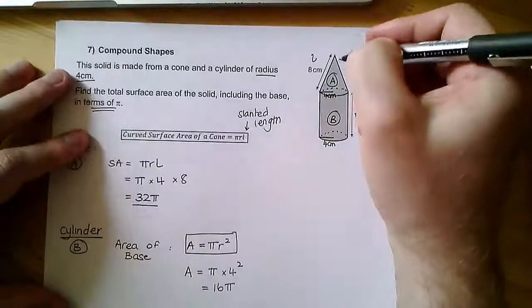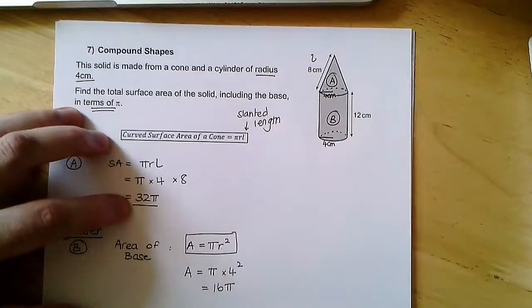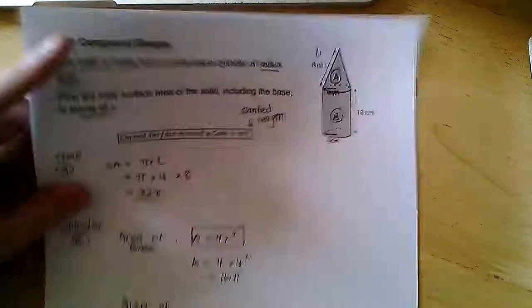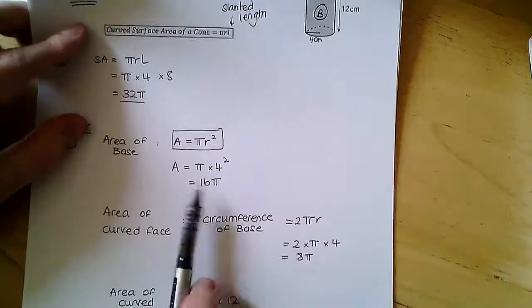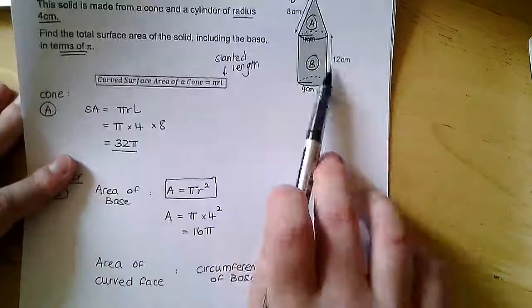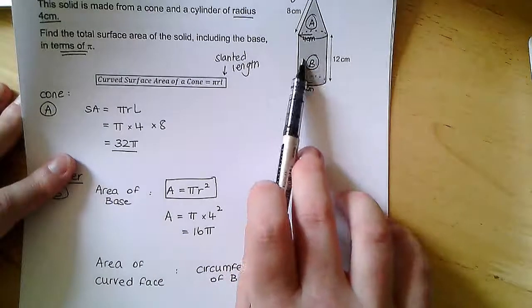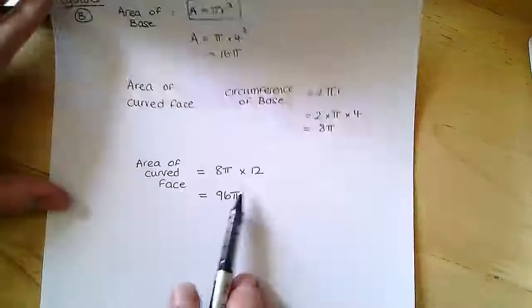So I know the area of the curved bit of the cone is 32 pi. I know that the area of the bottom bit is 16 pi. And I know the curved surface area is 96 pi.